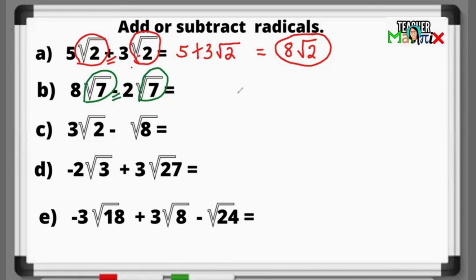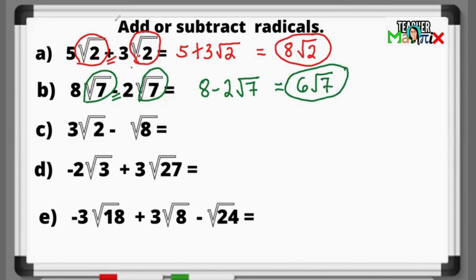So let's copy the common radicand, then get the difference of 8 and 2. So 8 minus 2, that's 6 square root of 7. This is now the final answer.